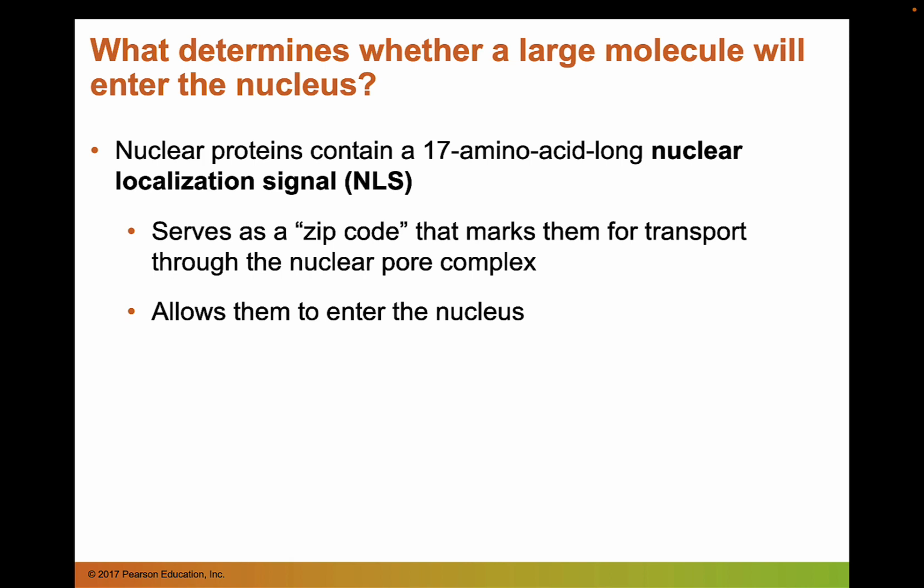And this serves as a zip code that marks them for transport through the nuclear pore. And so the zip code is going to be recognized by a carrier, and then it's going to bring it through the mail slot that's the nuclear pore and allow them to enter into the nucleus. And we're not going to be talking about the carrier for the nucleus.